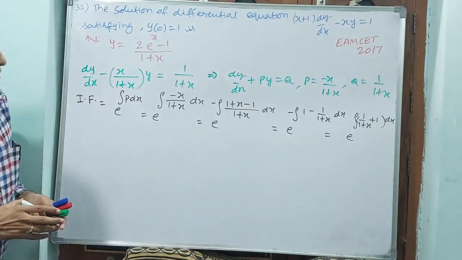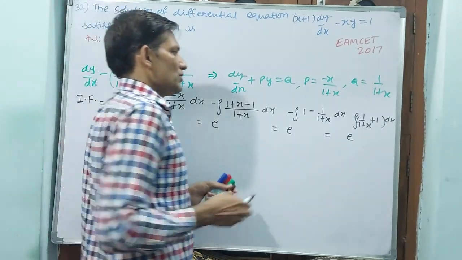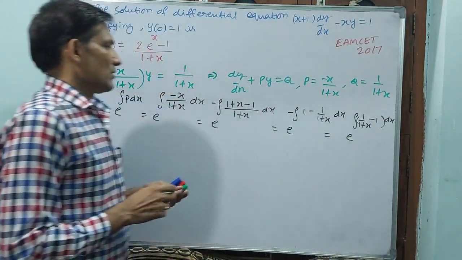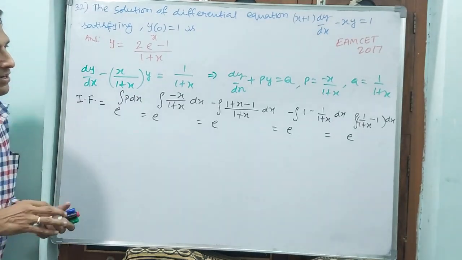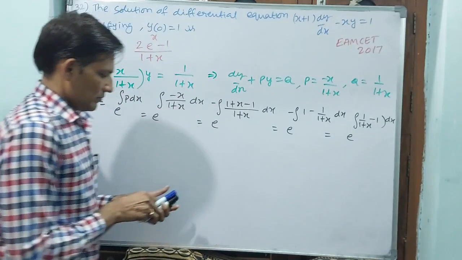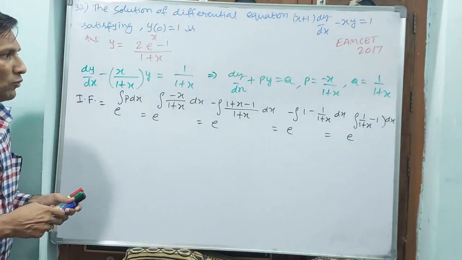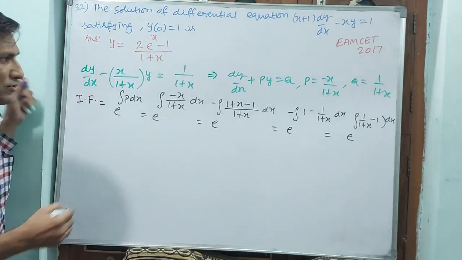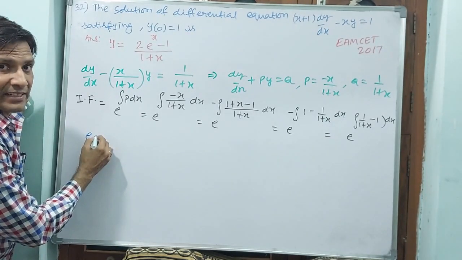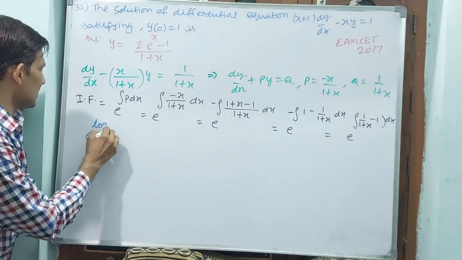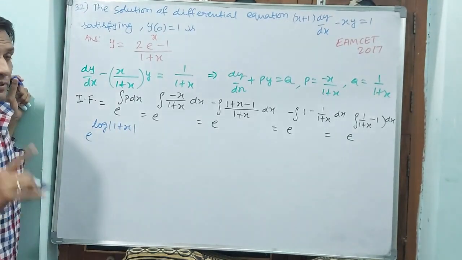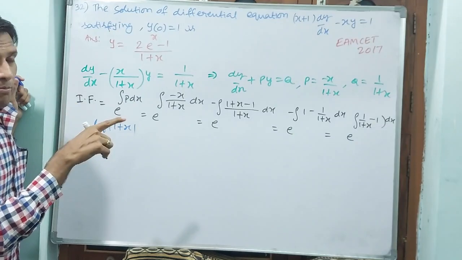This is plus 1, this is minus 1 by 1 plus x. Now you see e power integral 1 by 1 plus x dx gives log of 1 plus x, not log x, log of modulus of 1 plus x, and minus x.